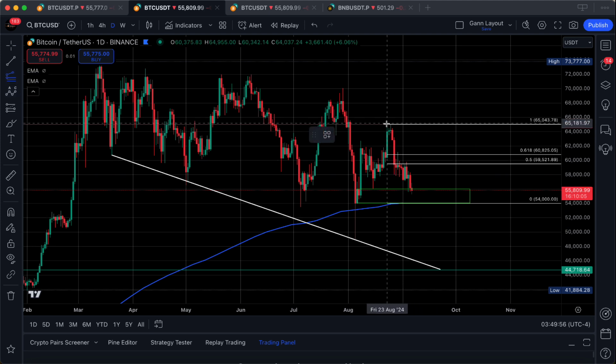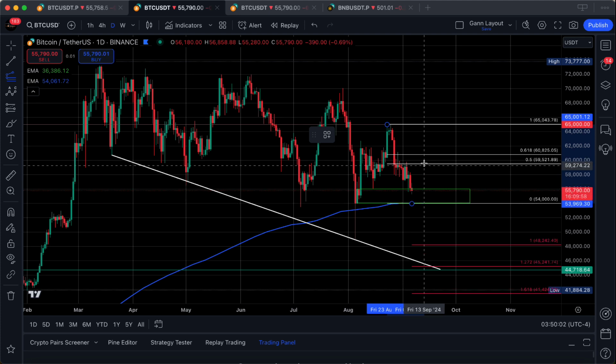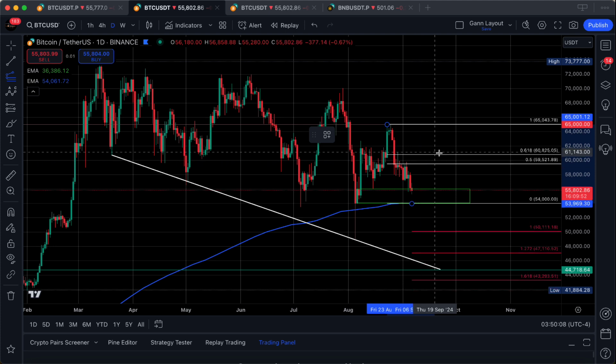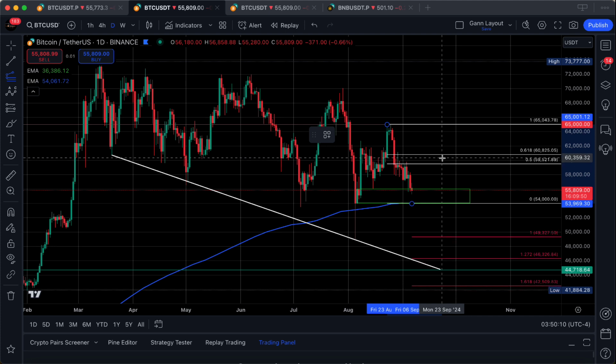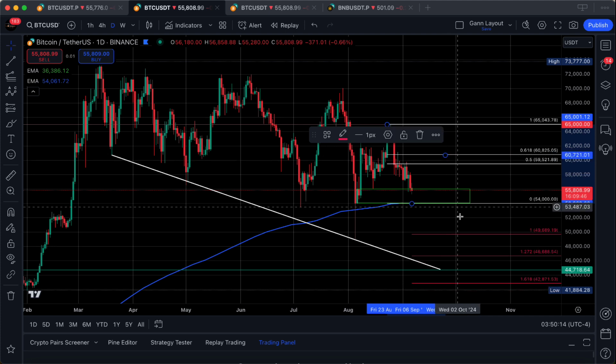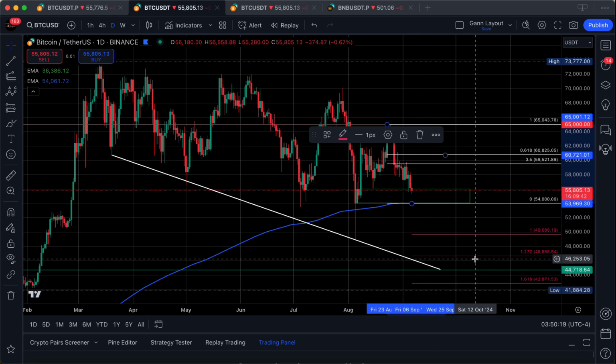So, in our case, let's say that this A wave terminates at 54K, then the B wave will most likely be a lower high at around 60, let's say 59.5 to 61K. And after that, we will get the C wave, the last flash to the downside.